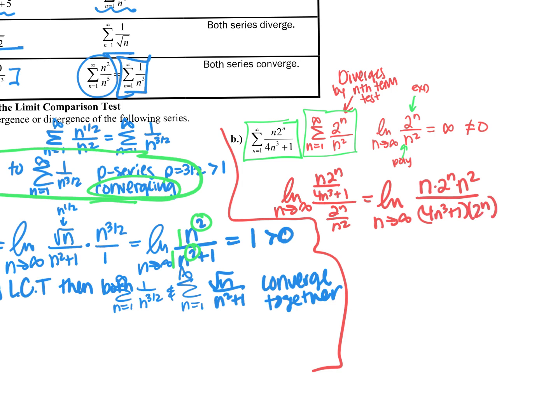And then we have some nice cancellation that happens here. 2 to the n divided by 2 to the n, that will go away. And so then we'll be left with the limit as n approaches infinity of n cubed over 4n cubed plus 1.